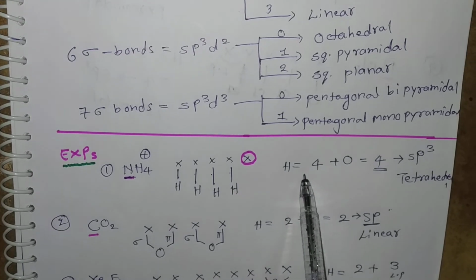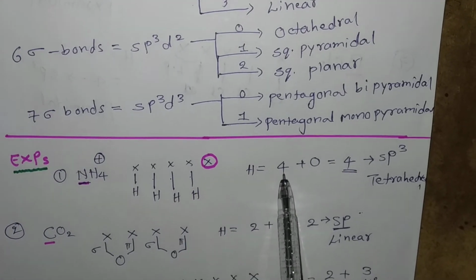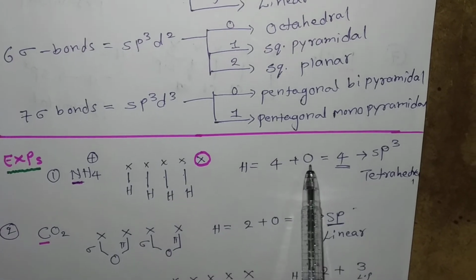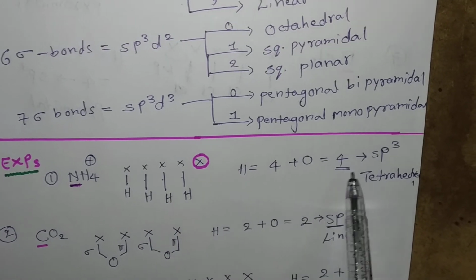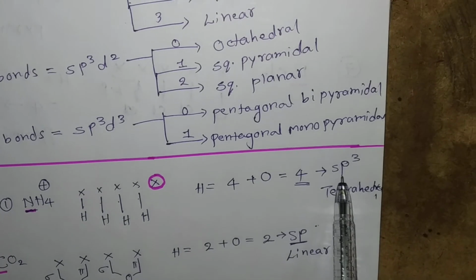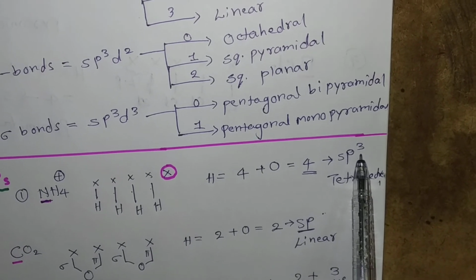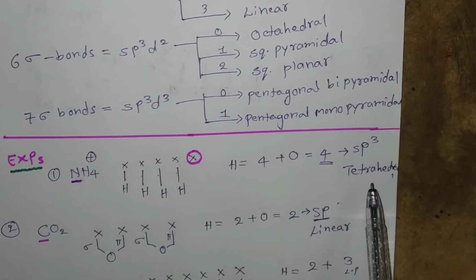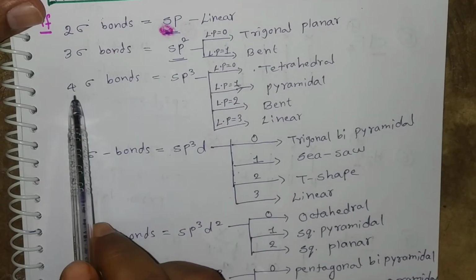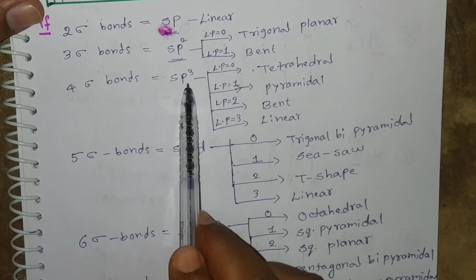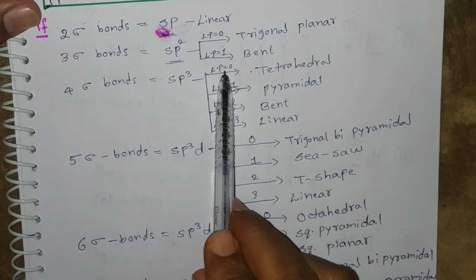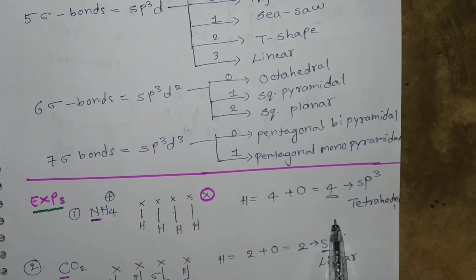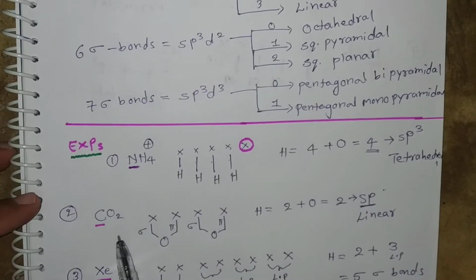Hybridization is equal to the number of sigma bonds, value 4: 1, 2, 3, 4, and lone pair electrons 0. So value 4. What is the hybridization? sp3 hybridization. Now what is the shape? Tetrahedral shape. So this is 4 sigma bonds, sp3 hybridization, lone pairs 0, tetrahedral shape. This is the example.